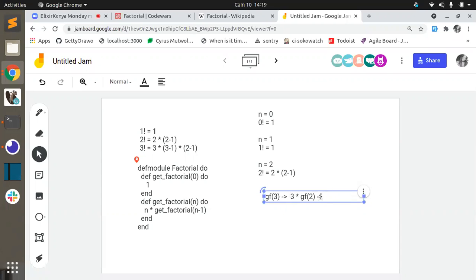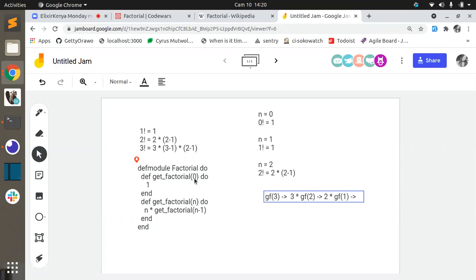Right? So we're going through the same process, but with 2 in this case. Make sense? So we're going to get factorial with 2, and it's going to land on the second one again. So it's going to be n, in our case n right now is 2, right? Times 2 minus 1, in our case is 1, right? The GF of 1. Yeah. Then we go through the cycle again. So in this case, it's still going to meet the second clause because we're not getting a 0, right?